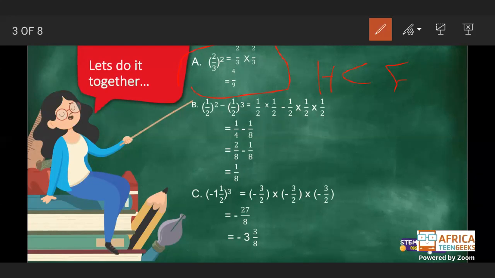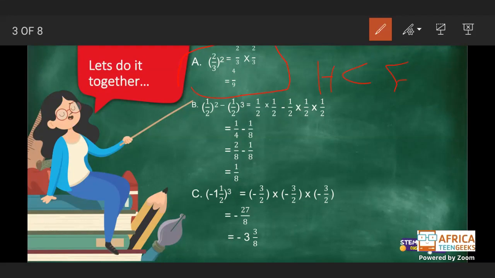So when we do that, you know that multiplication of fractions is quite easy. The only thing you need to know is to get your highest common factor. Simplifying your fractions, basically, you need to simplify them first before you can proceed, right? You can simplify them at the beginning, or you can get your highest common factor after multiplying your fractions, right?